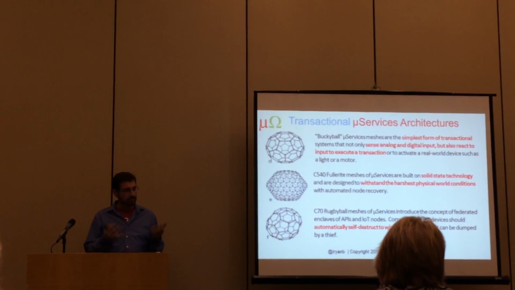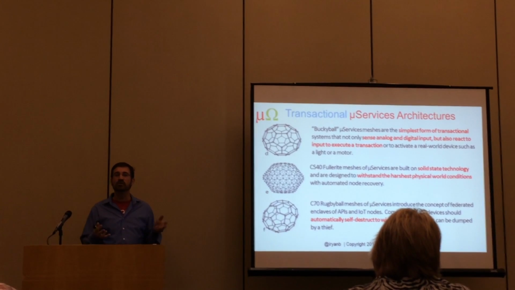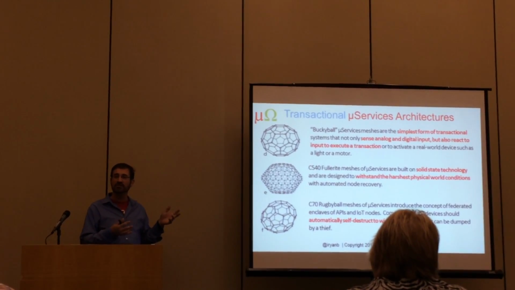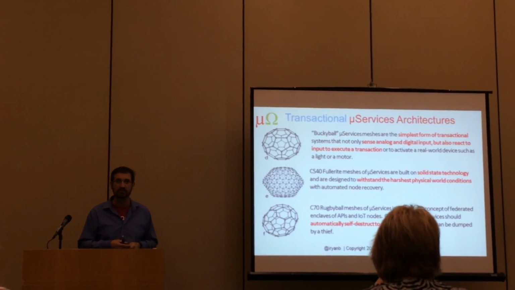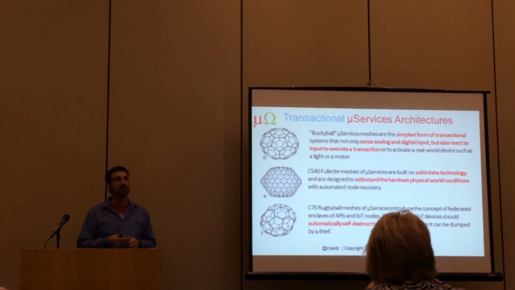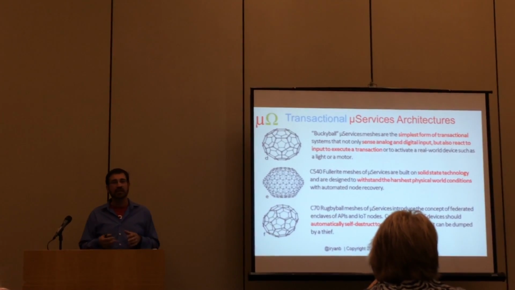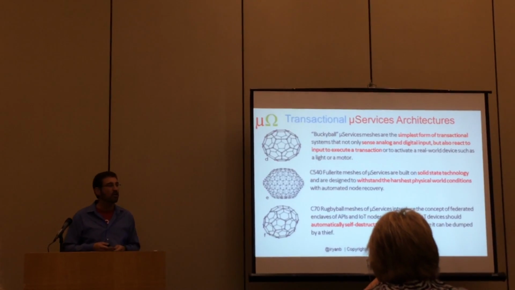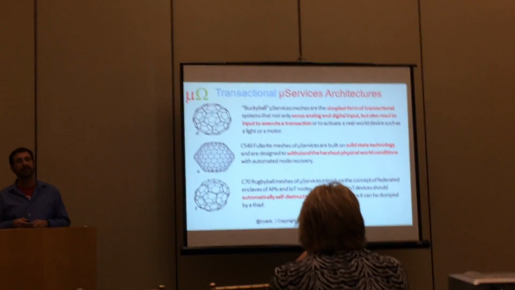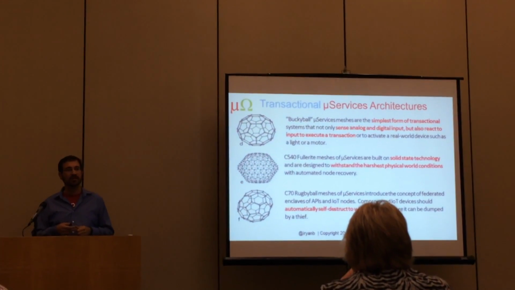So again, bear with my metaphors and my poetry here as I show you these non-traditional network diagrams. But I'm trying to make the point about strength. The buckyball is well known in the world and in science as a strong architecture.